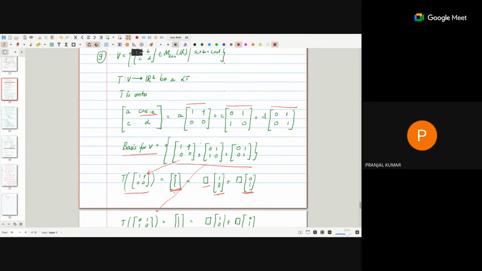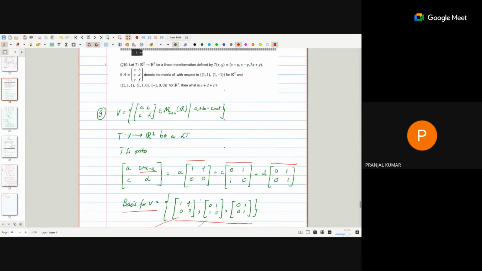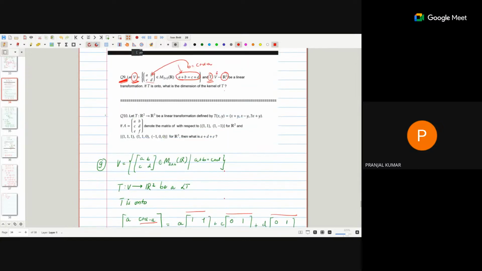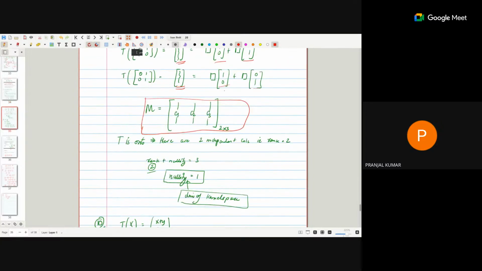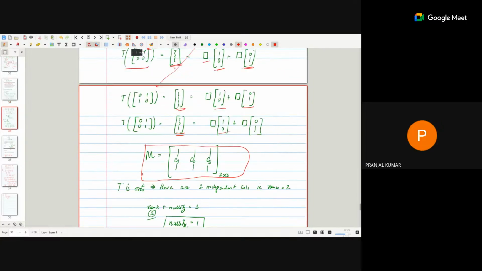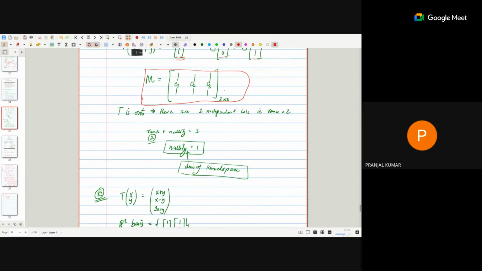We know that V is 3-dimensional and the codomain is R2. So what will be the matrix order? 2 cross 3. Yes or no? What will be the matrix corresponding to this? It would be a 2 cross 3 matrix. So 2 cross 3 matrix.